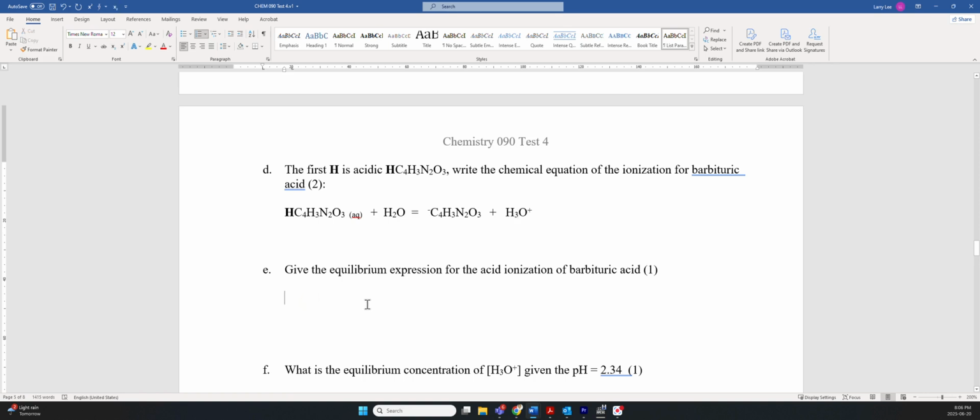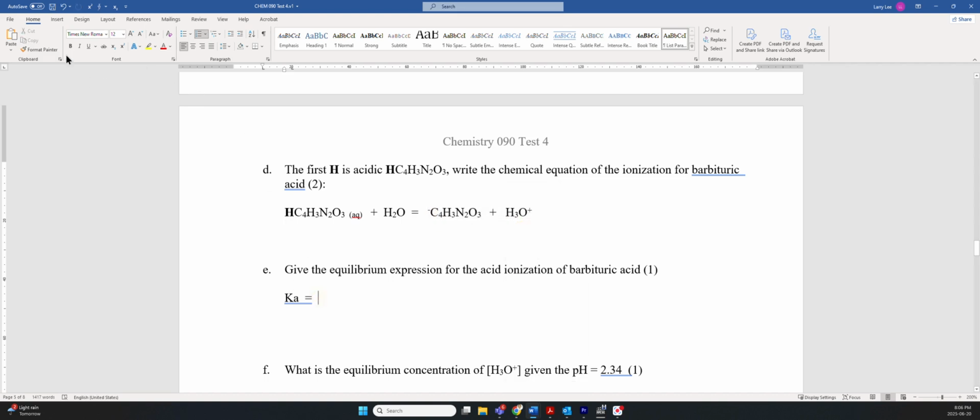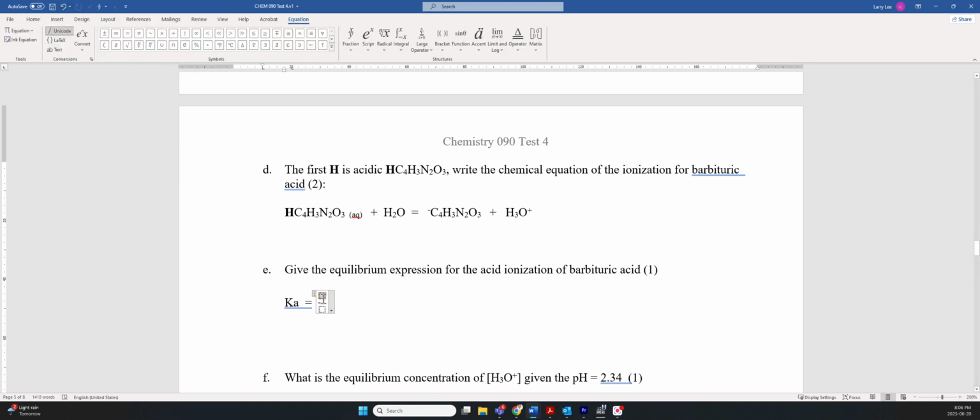So now the equilibrium expression: Ka is equal to the concentration of products divided by the concentration of reactants. This might be a little bit tricky because I can't actually paste this in. I'll just put that in here. Oh yeah, it did it. Okay, this is great.